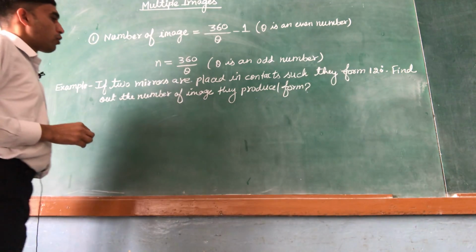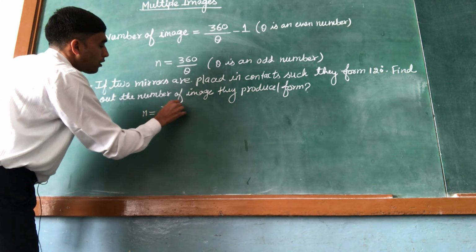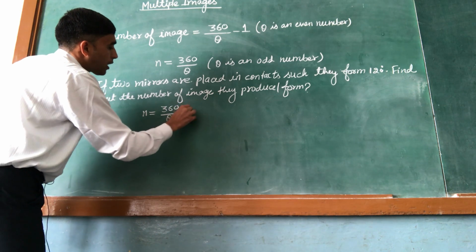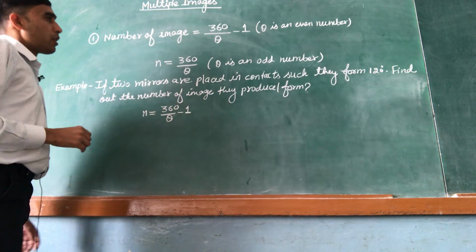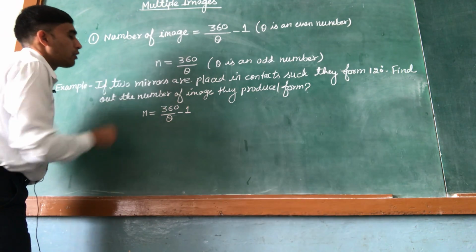So here the formula is number of images is equal to 360 upon theta minus 1, because here the number is even. So we have to apply the first formula.